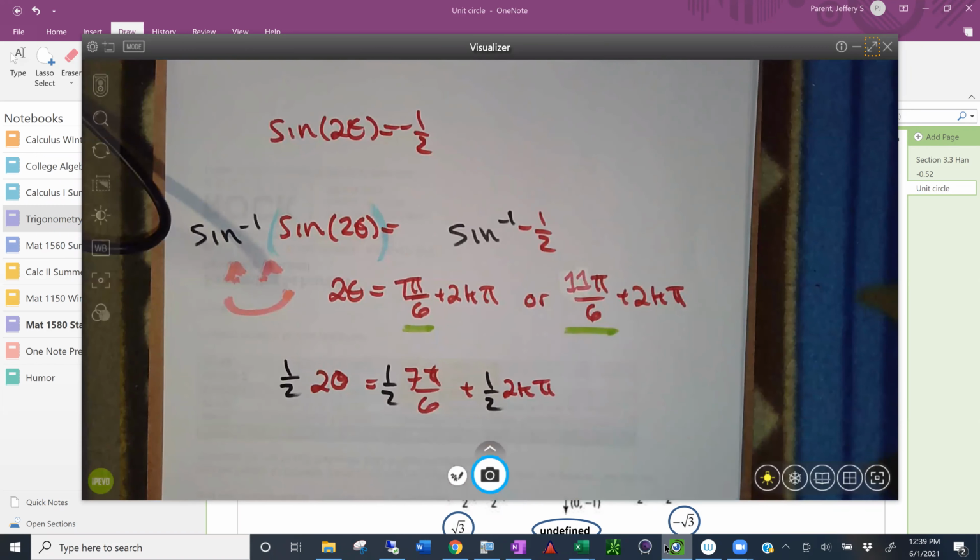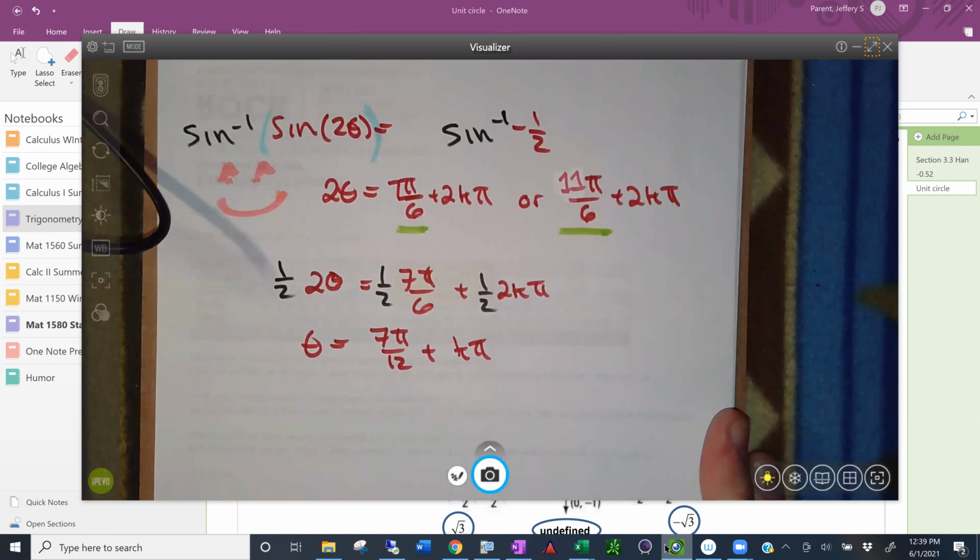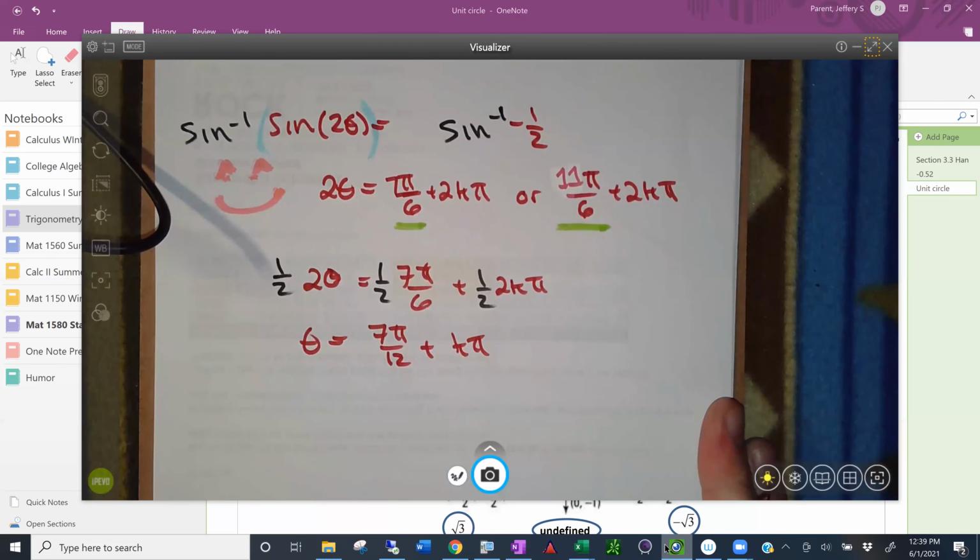I'm multiplying the whole equation by 1/2. On the left-hand side, I get theta. On the right-hand side, I get 7 pi over 12 plus k pi. And that's your general solution.